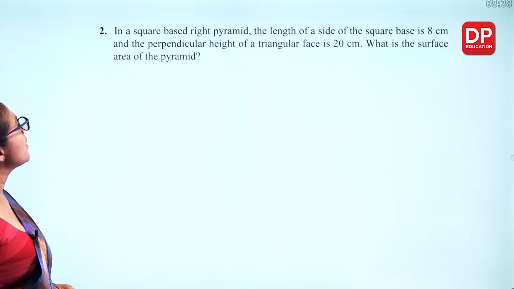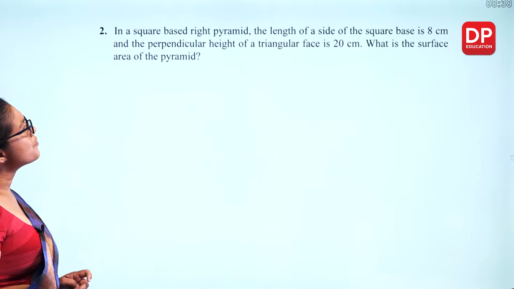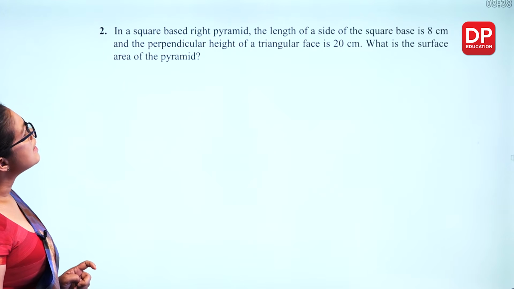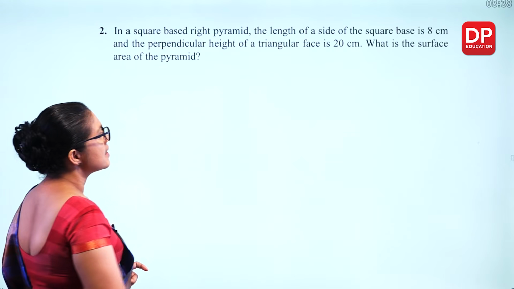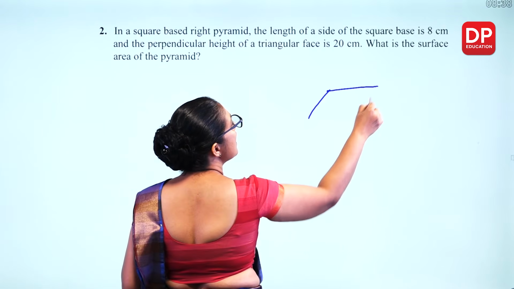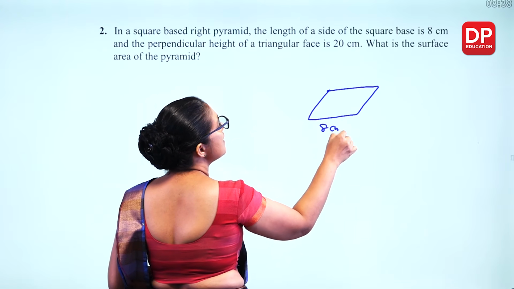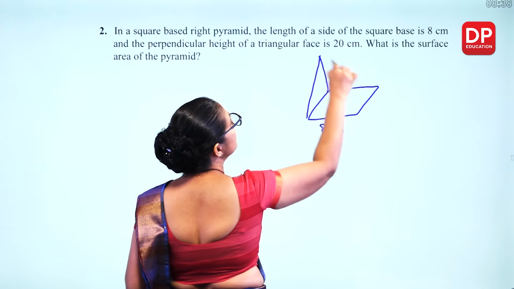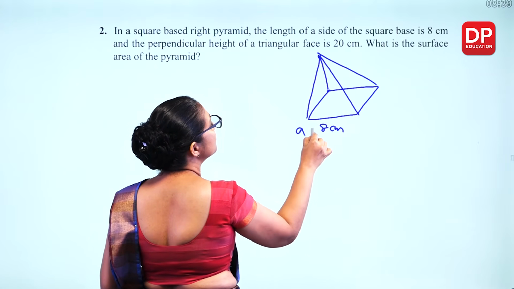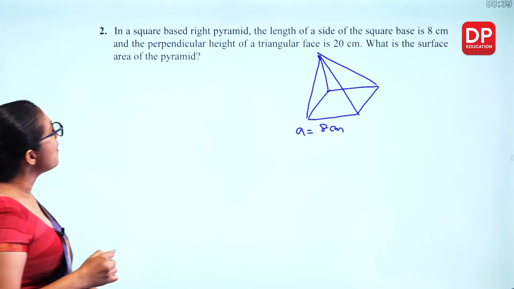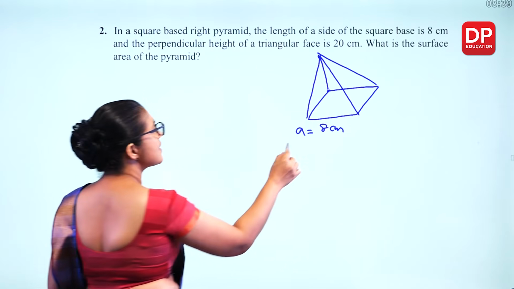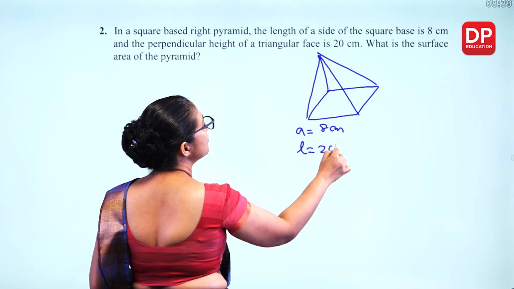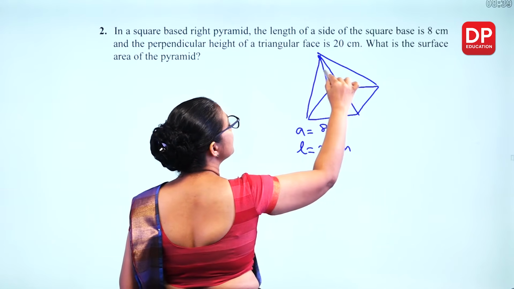We'll take the second question. In a square base right pyramid, the length of side of square base is 8 centimeters. So that means A is given, 8 centimeters. And the perpendicular height of a triangular face is 20. That's L. This length.